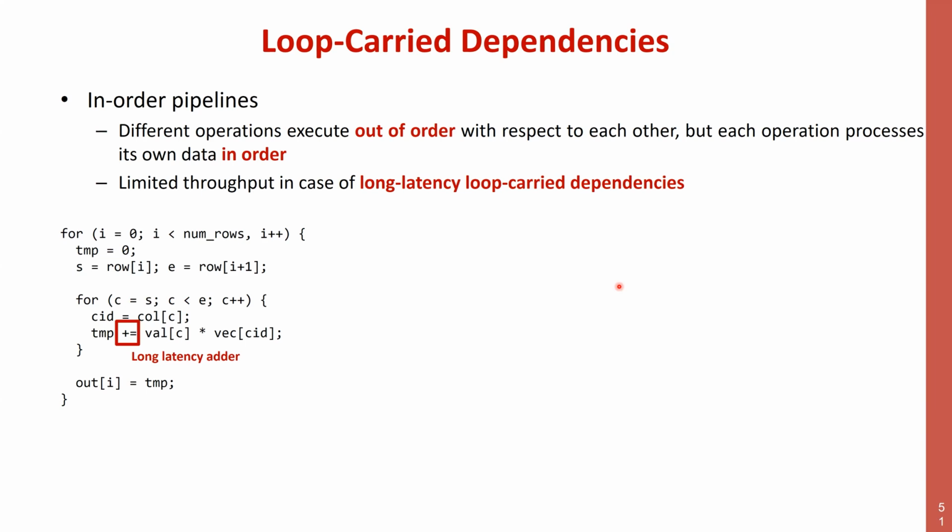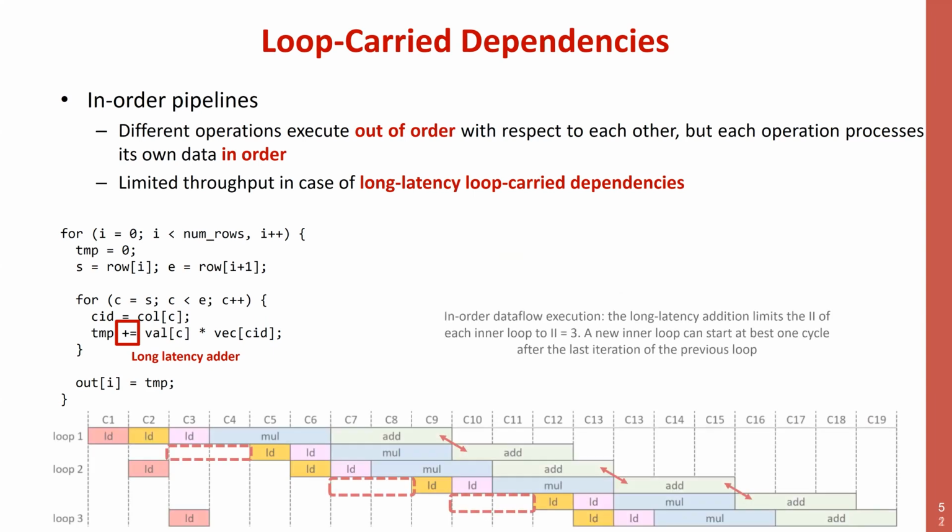Let's assume that is simply high latency, which means that for each inner iteration I have an initiation interval of 3. So I have a relatively poor throughput for each inner iteration.